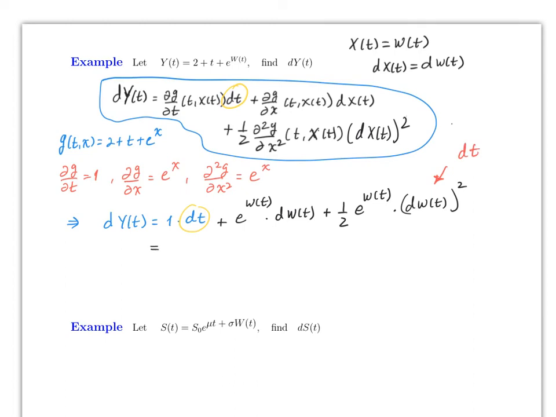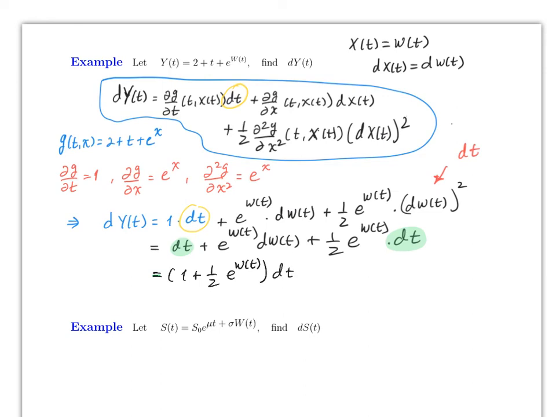So you end up with dt plus e to the W_t dW_t plus 1/2 e to the W_t times dt. We have dt here and dt here, so you can factor out the dt. You'll get (1 plus 1/2 e to the W_t), the whole thing times dt, plus e to the W_t dW_t.